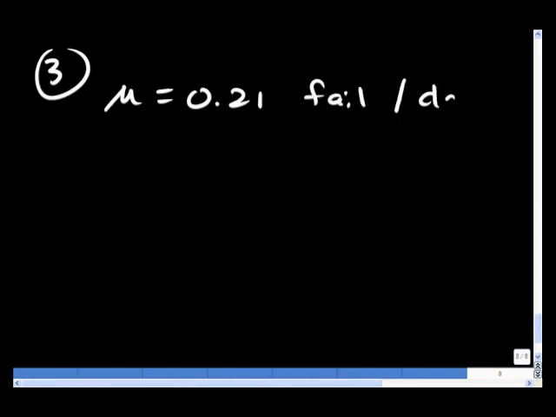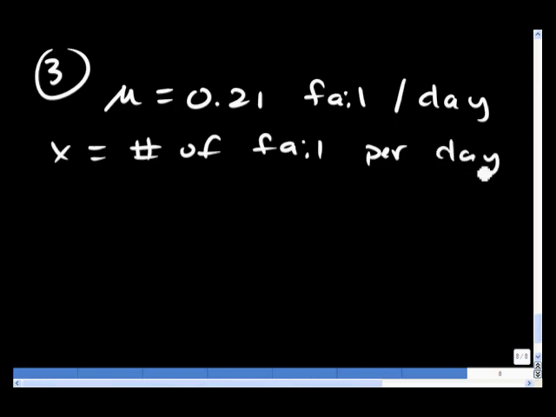Question 3. Question 3 says that there is a mean amount of failures per day of 0.21 failures in a day. If x is the number of failures in a day period, question 3 wants us to determine the probability there's exactly 2 failures in that day interval.